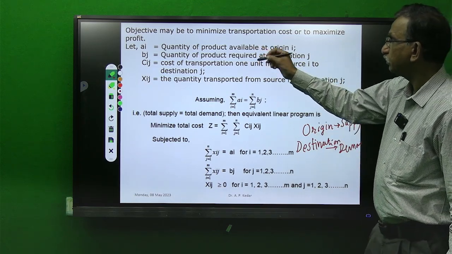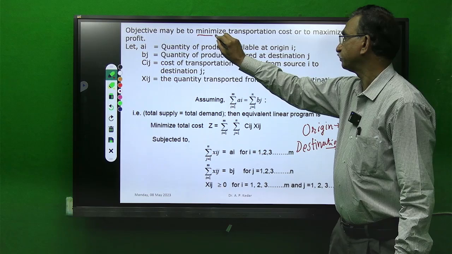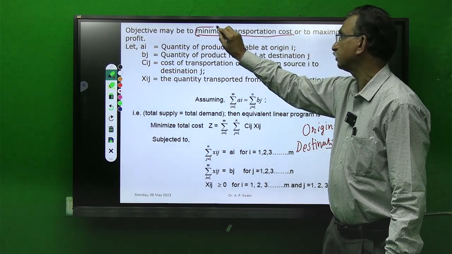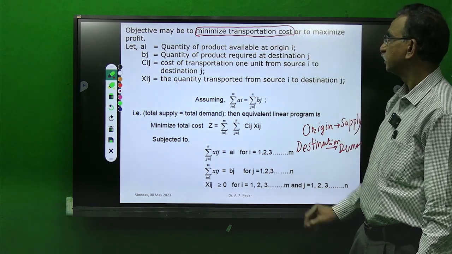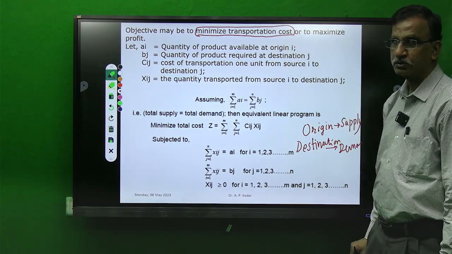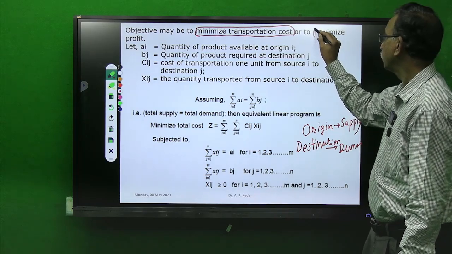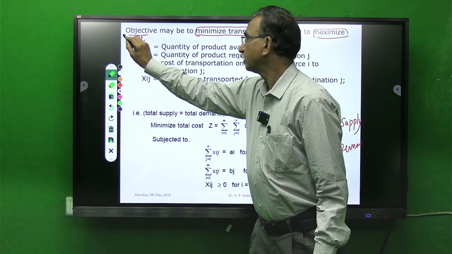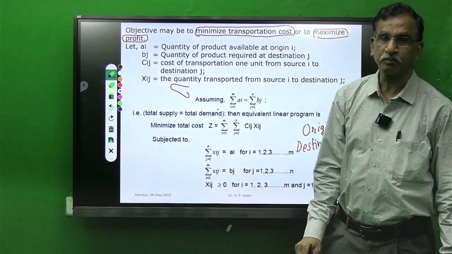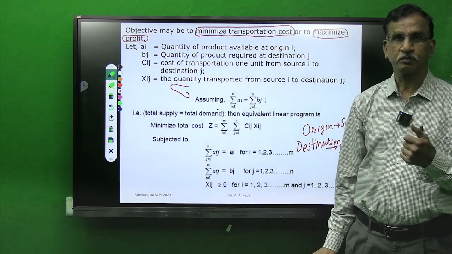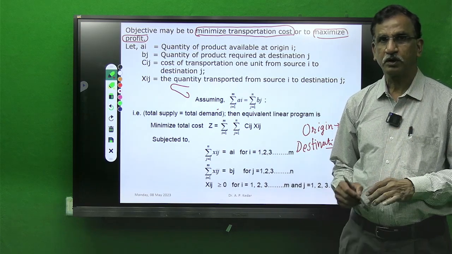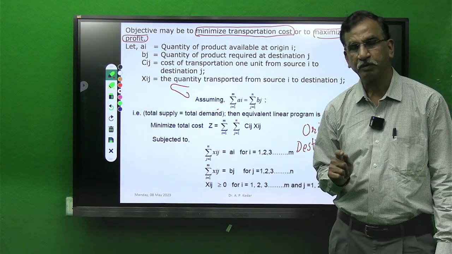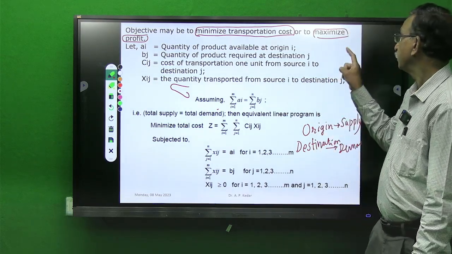The objective, as I have stressed, in the transportation problem, the objective will be to minimize transportation cost, or if it is to maximize profit. So students, you have to keep one thing in mind. The objective function for a transportation model can be in two categories. One is cost, if it is cost related, minimum cost; if it is profit related, maximum profit.